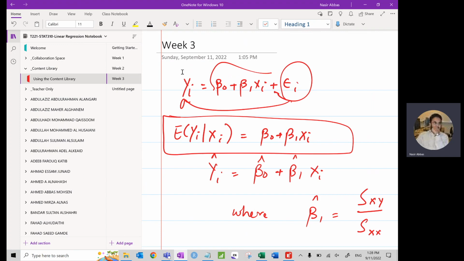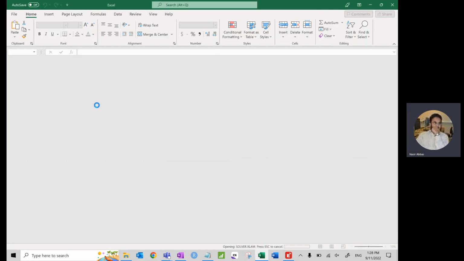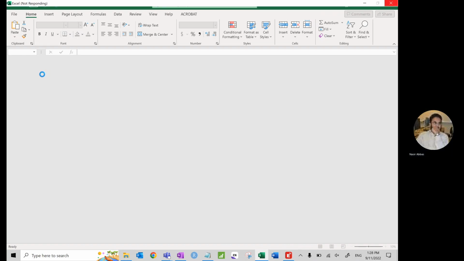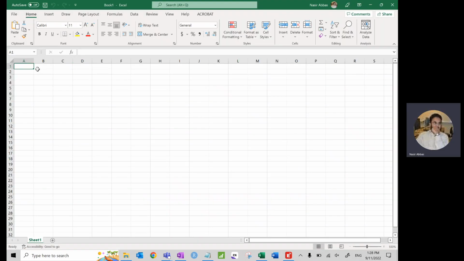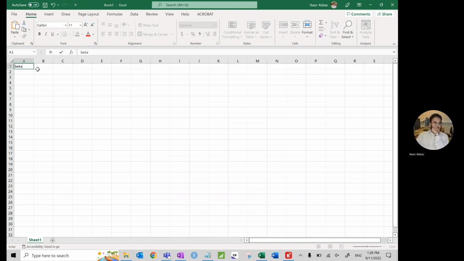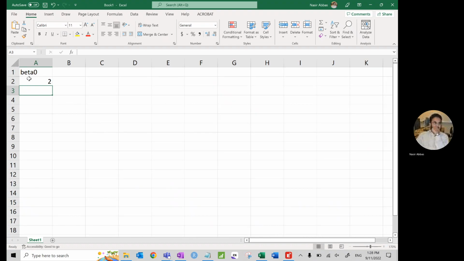I am trying to build a model, and this is not realistic. I'm just building some theory. Suppose I know that beta naught is, let us say, 2, and beta 1 is, let us say, 1, right?